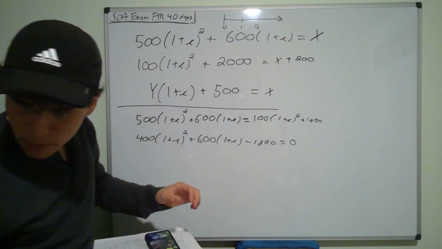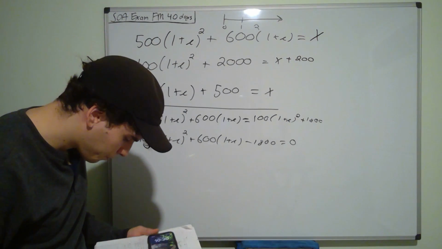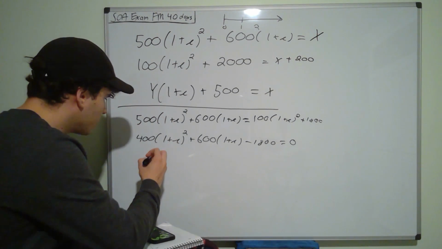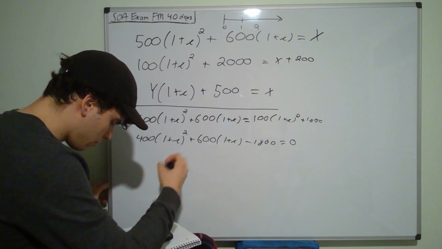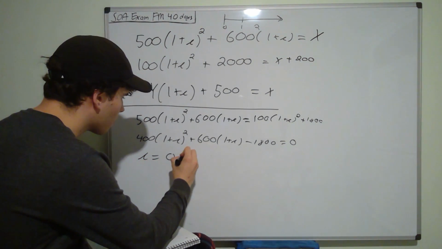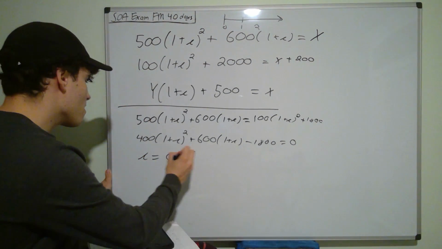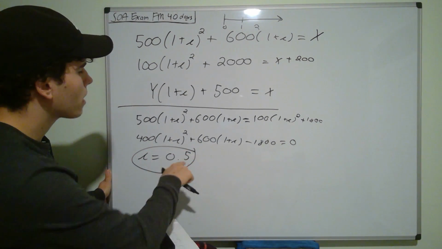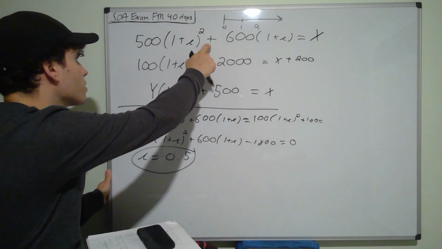To save some time, I did some pre-calculations. We can get i to equal 0.5. And with that, we can put this back into this equation.